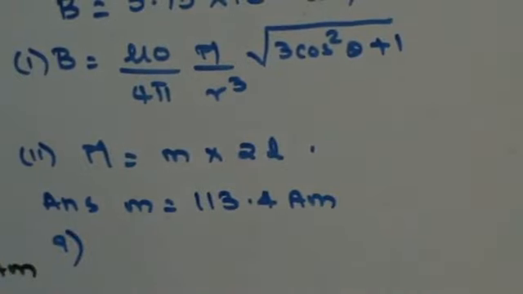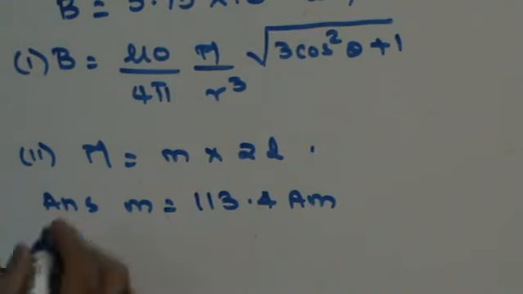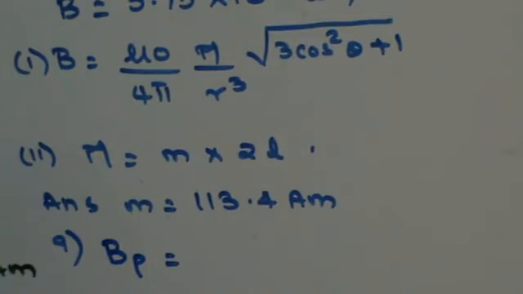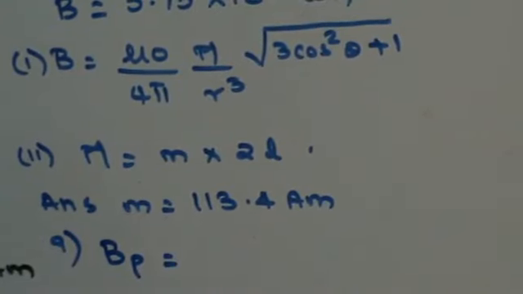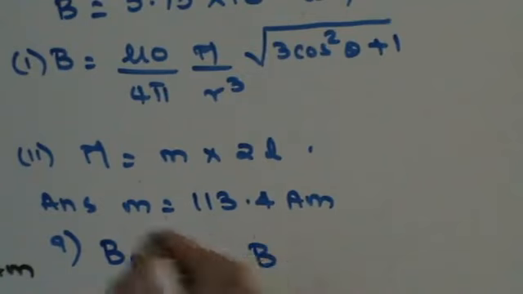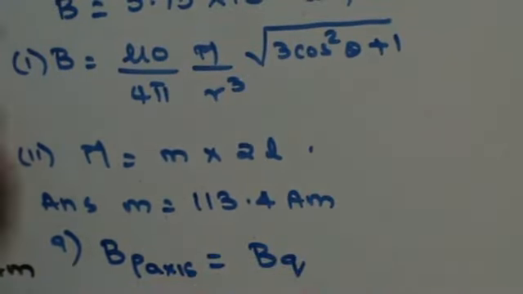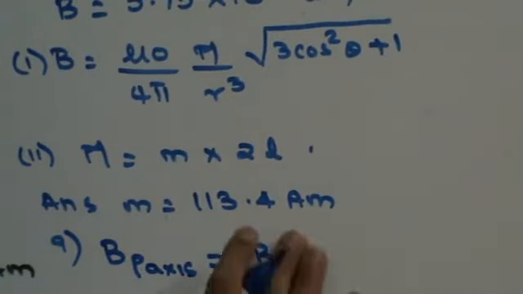Next. The magnetic induction at point P on the axis is equal to the magnetic induction at point Q on the equator.